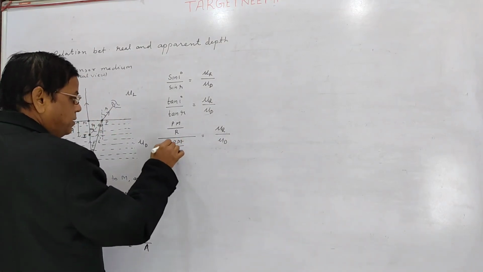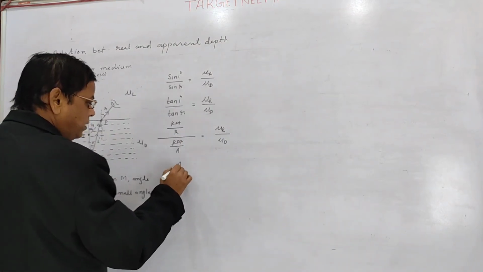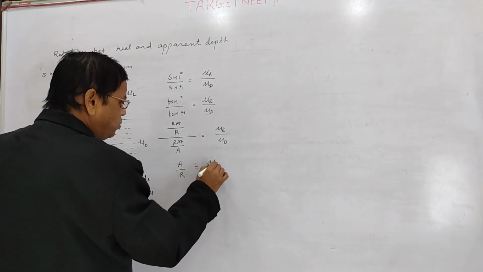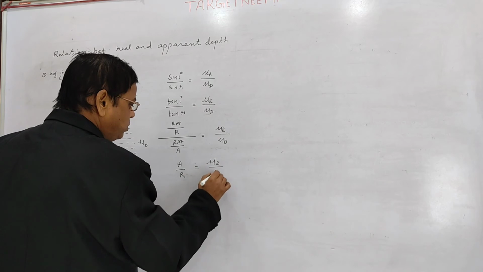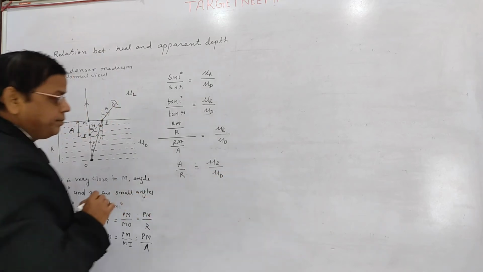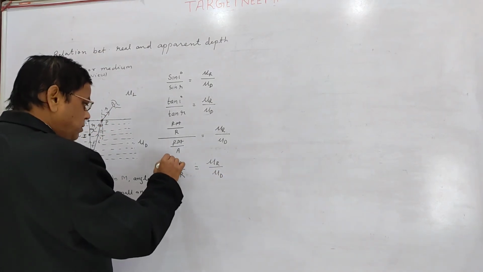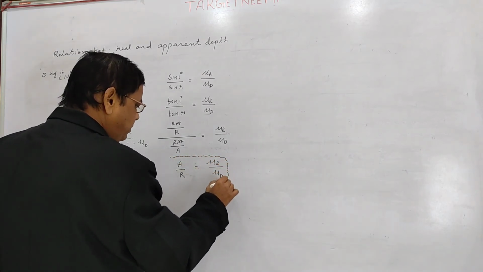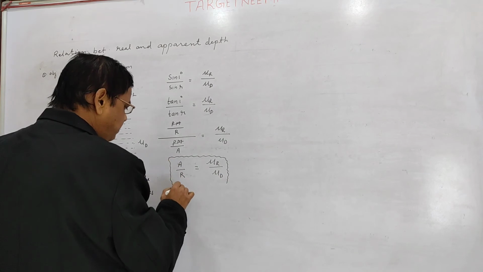Now PM cancels, so A divided by r is equal to mu r over mu d. So this is the relation between apparent depth and real depth.